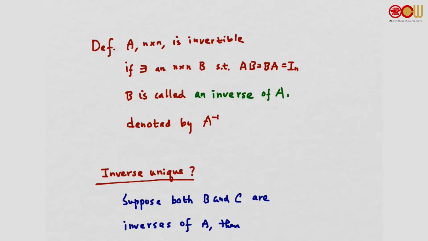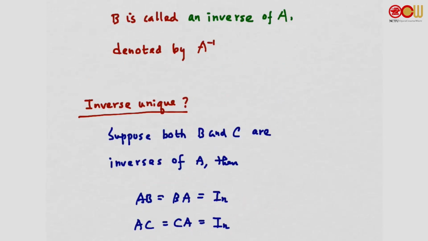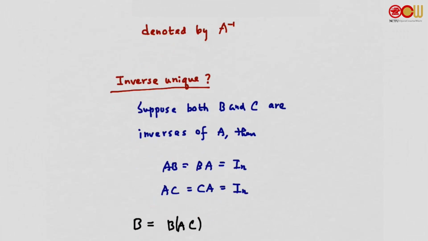So let's suppose there are two inverses. Suppose both B and C matrices are inverses of A. If that's the case, then B and C satisfy the definition of inverse, right? So AB is the same as BA and it's the same as the identity matrix. Similarly, AC is the same as CA and it's equal to the identity matrix. So this B matrix, we can write it as B(AC), because the AC matrix is the identity matrix, right?